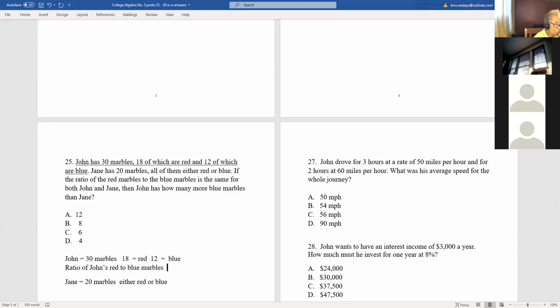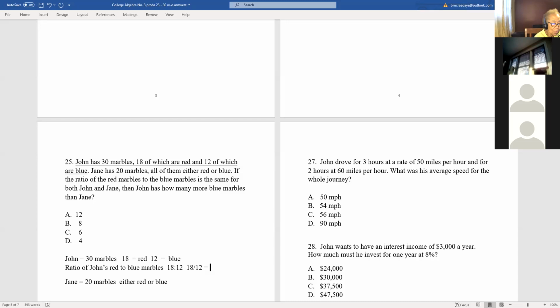That would be the number of red to the number of blue. What are those numbers? 18 and 12. 18, and let's put our colon, 12. That we can write as 18 over 12. And what does that simplify to?